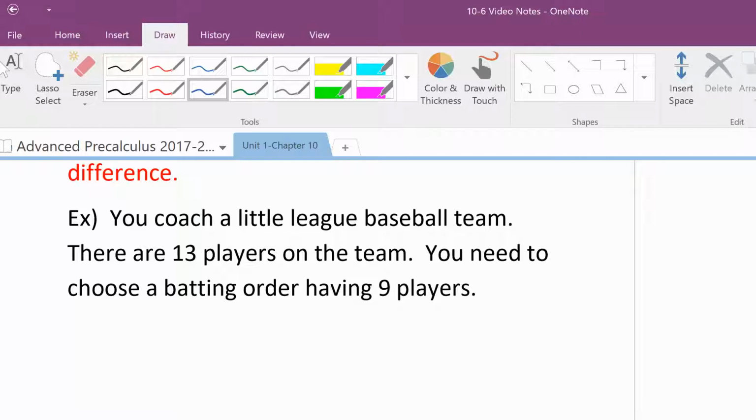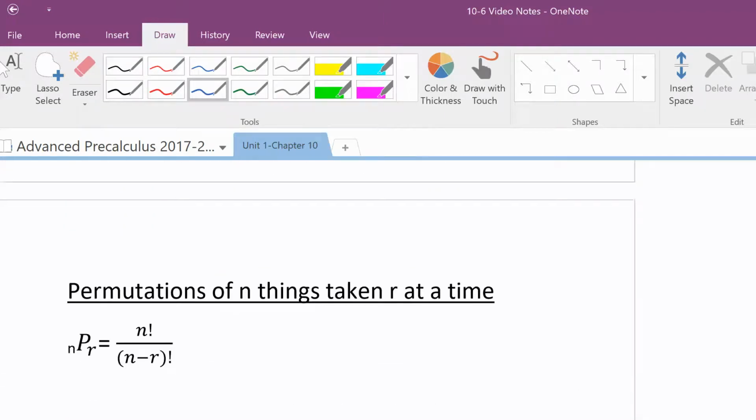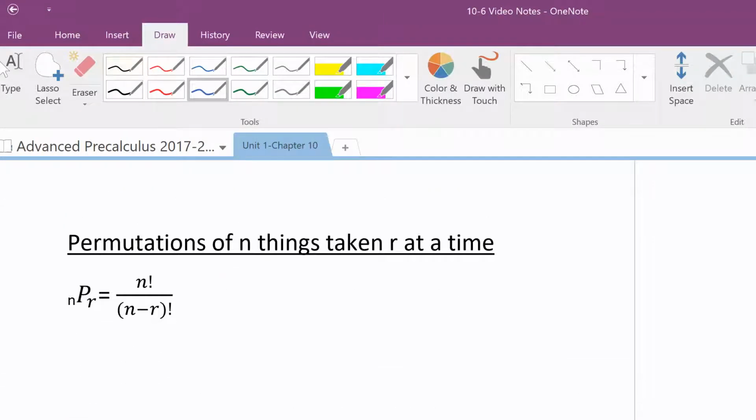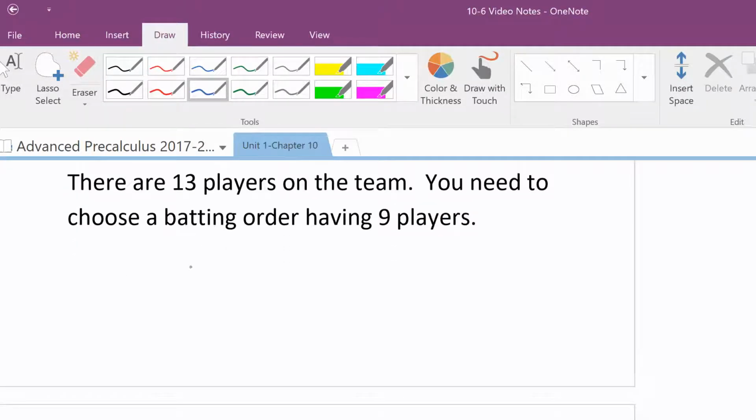So there's 13 players on the team, and you need to choose a batting order of having 9 players. So the formula for permutations is n factorial over n minus r factorial, meaning you take 13 objects and you want to have 9 permutations.